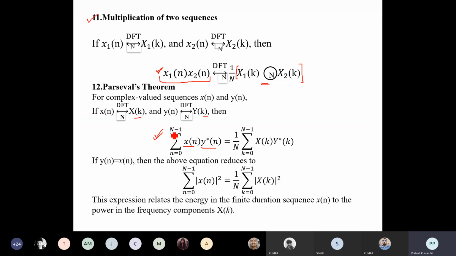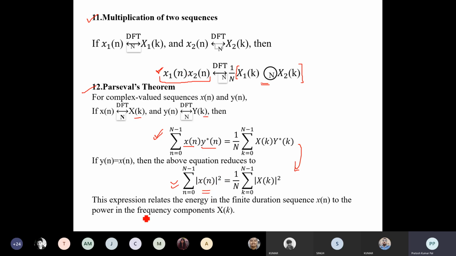Okay, so this is Parseval's theorem in the case of DFT, and in terms of energy it can be modified. If both signals are the same, x of n and y of n, then it could be given like this.